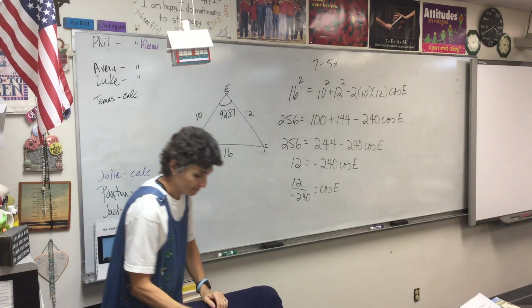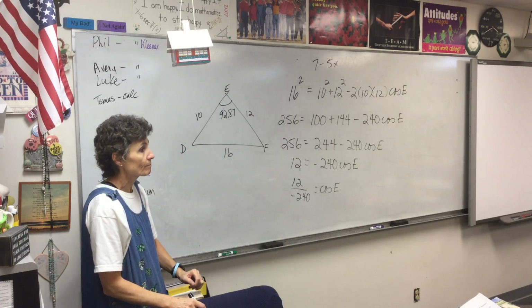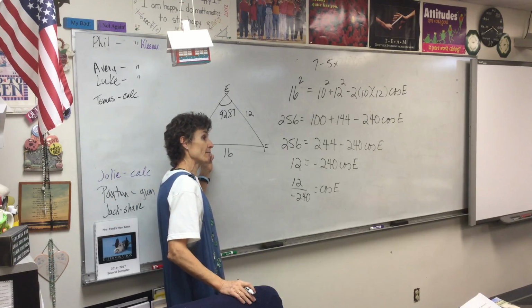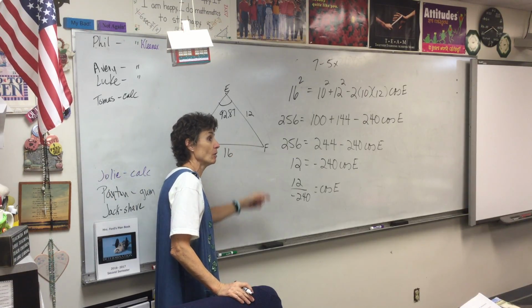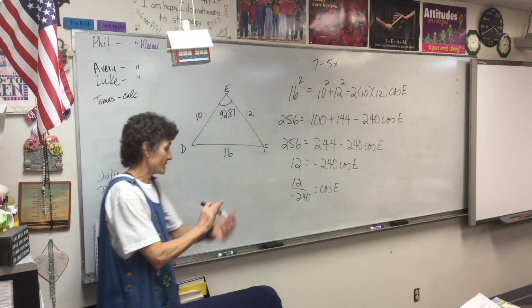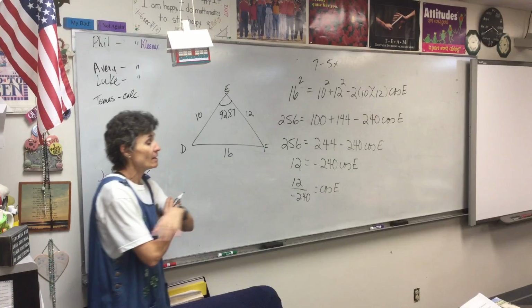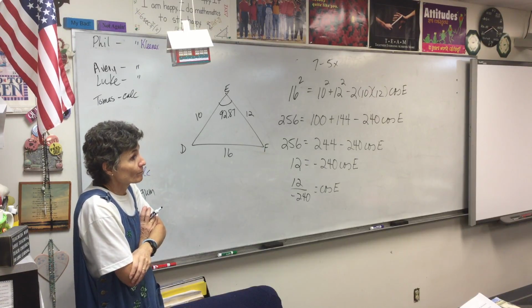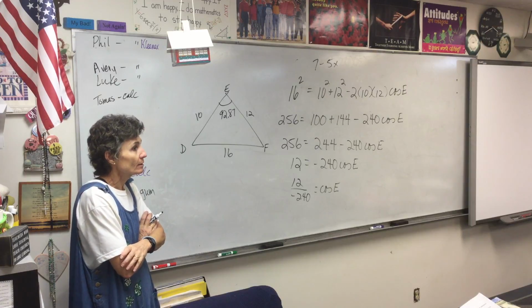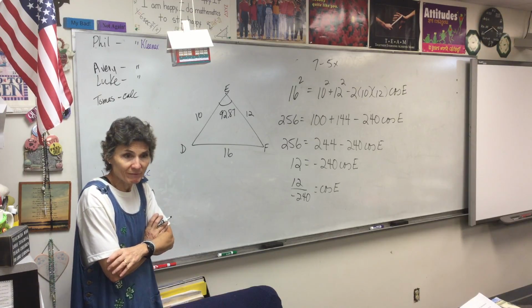Now, John, you still with us? Yeah. All the way up here, we're all good. Okay, we still have to find angle D and angle F to finish this problem. So what are your thoughts? Now that I have angle E, what do you think we might do? I love it. We have a pair. Did you hear what he said? We have a pair.